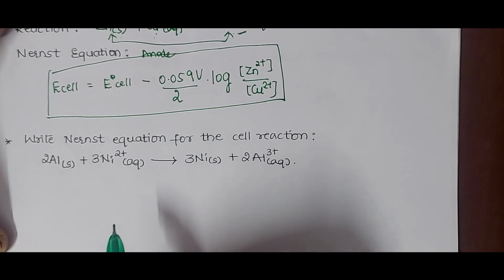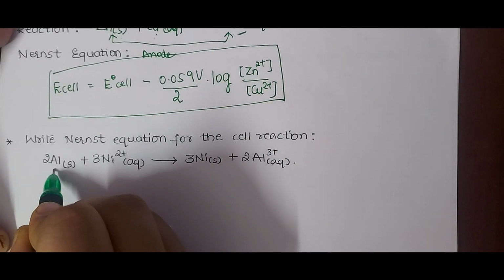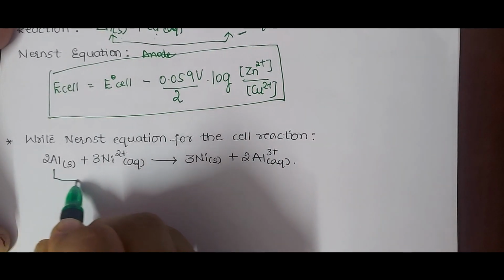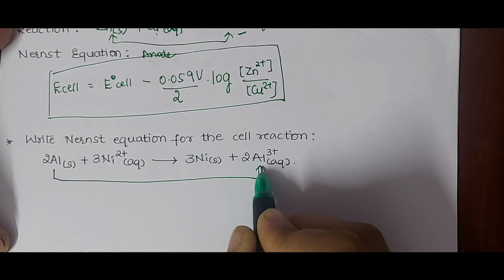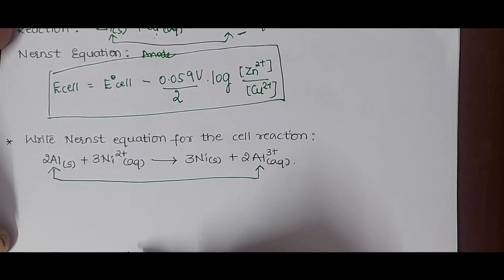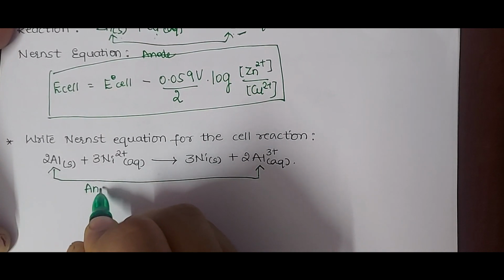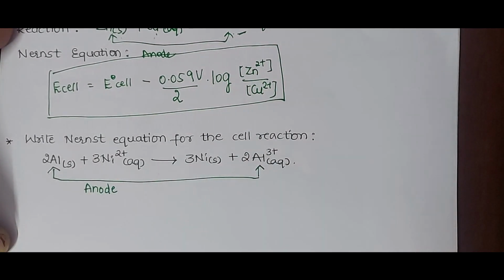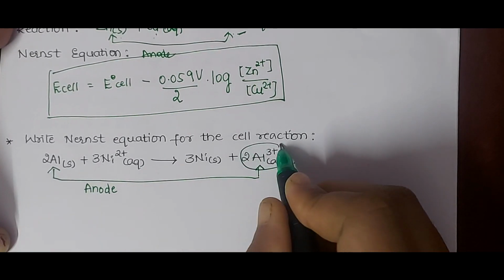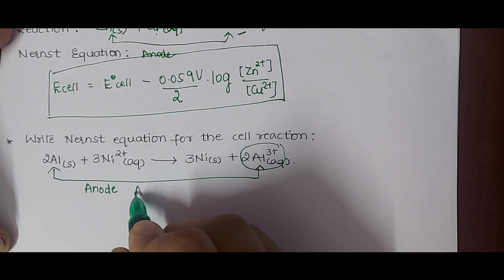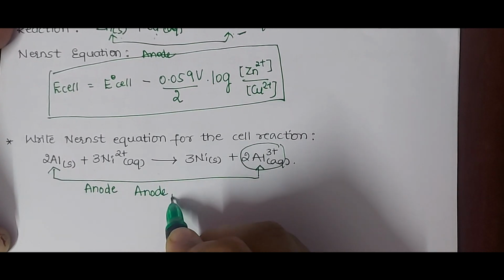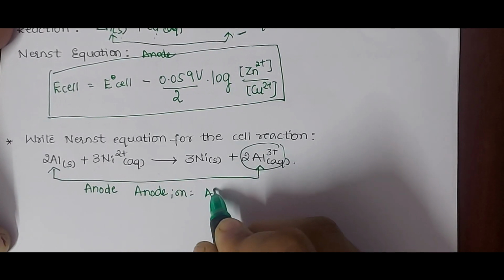So here, aluminium Al is converting to Al3 plus, that means aluminium is undergoing oxidation. If it is undergoing oxidation, which reaction can we call it? Anode reaction. And the ion here is Al3 plus. So your anode ion is nothing but Al3 plus.